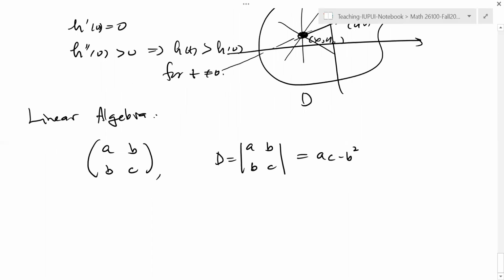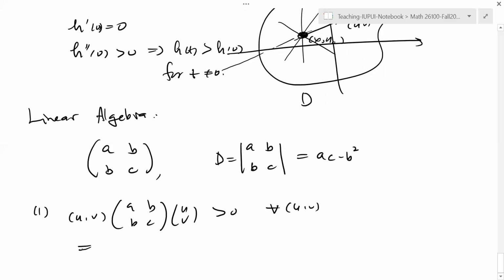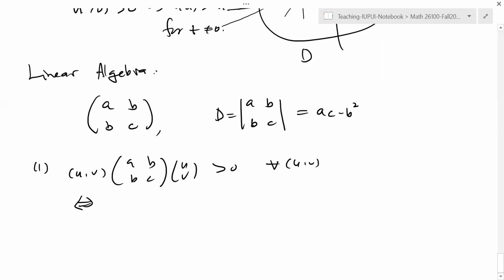The quadratic form (u, v) times the matrix times (u, v) is always positive for any (u, v) if and only if the determinant D is positive and A is positive.